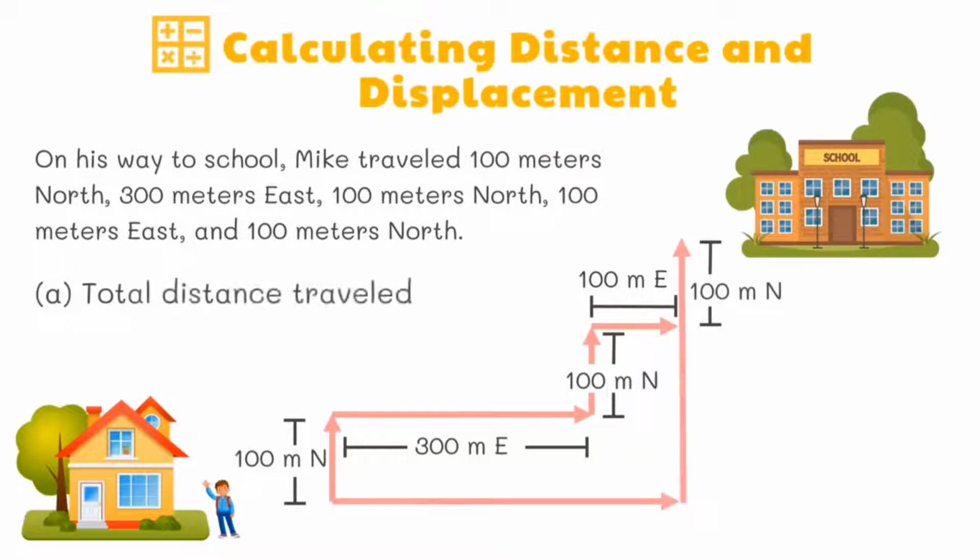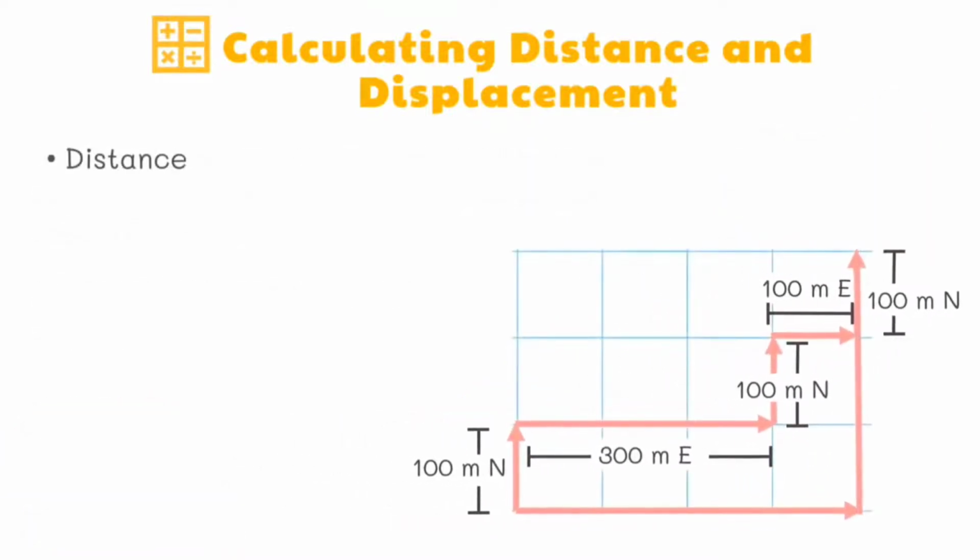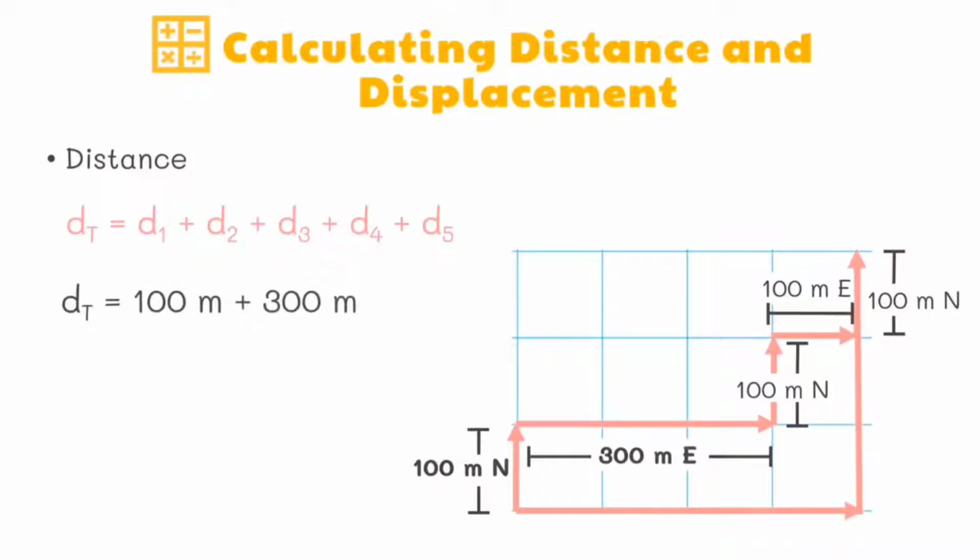So the total distance is equal to d1 plus d2 plus d3 and so on. The total distance is equal to 100 meters plus 300 meters plus 100 meters plus 100 meters and another 100 meters, for a total of 700 meters.